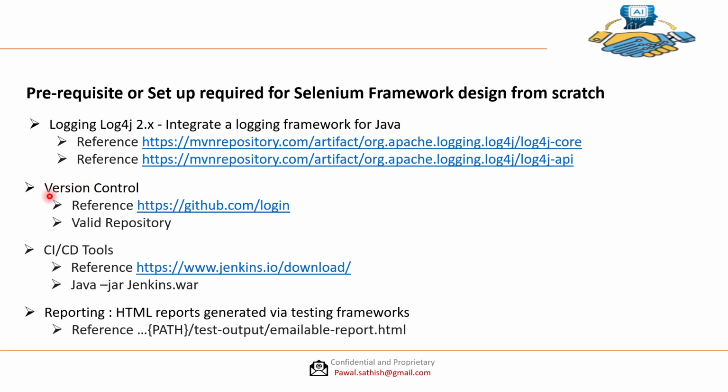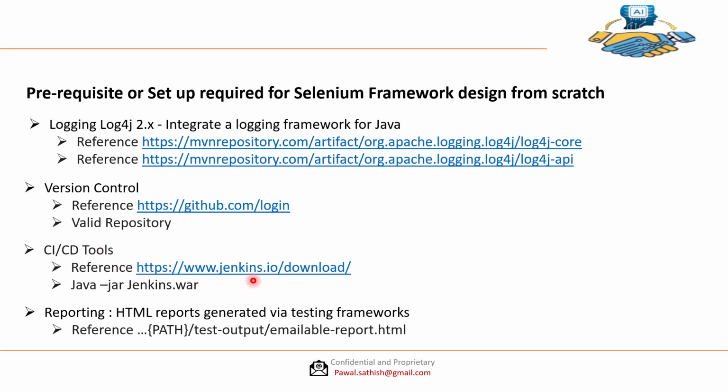To control the code, we will use GitHub. We also require a valid repository so that we can pull and push our code into GitHub, so that the code is available in a central location. Next is the CI/CD tool.